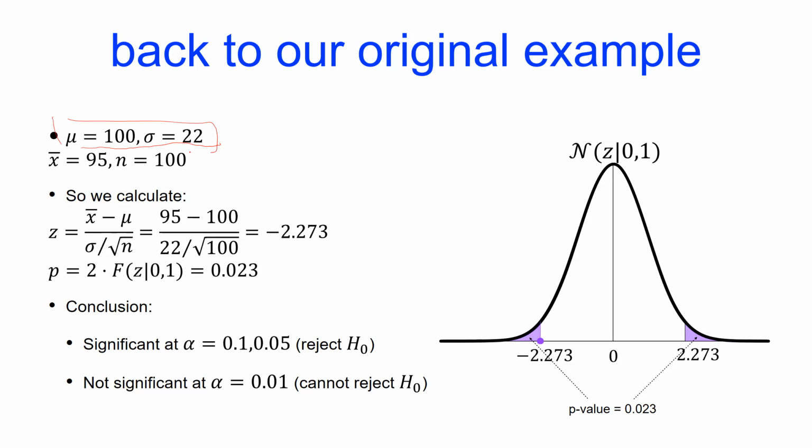Then we get a batch of 100 samples, and we measure the sample average to be 95. Then we want to ask ourselves, does this batch of widgets follow the factory's claimed specification?